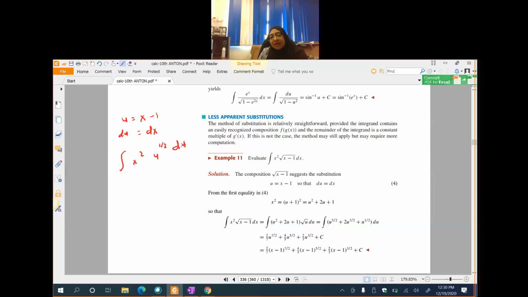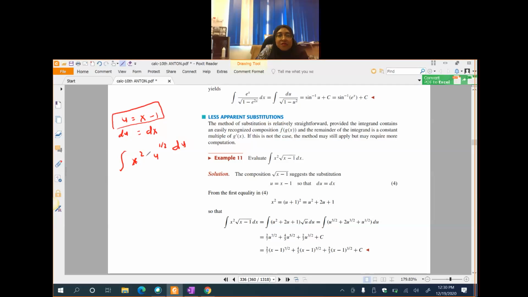So if you look at here, the x stays. The purpose of doing the substitution method is you want to change everything in terms of a new variable, which in our case is u. If you look at here, the x is still there. So how do you eliminate the x? You know that our u is equal to x minus 1 from the first substitution.